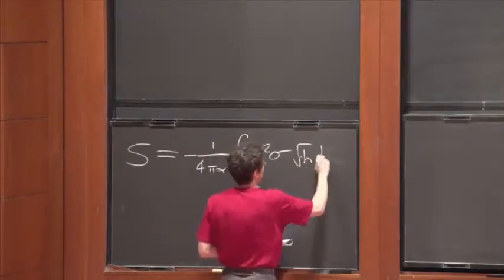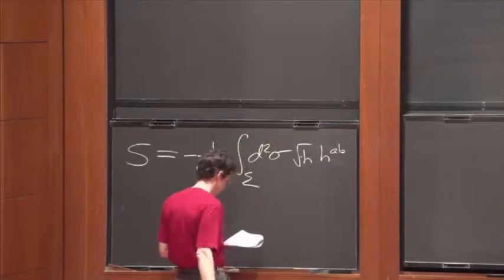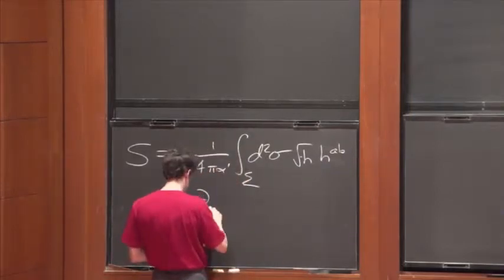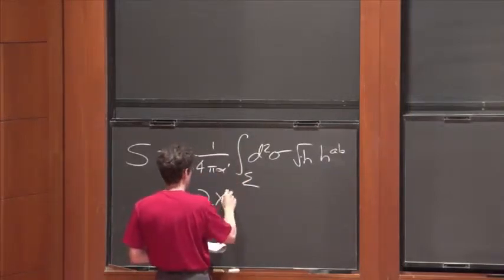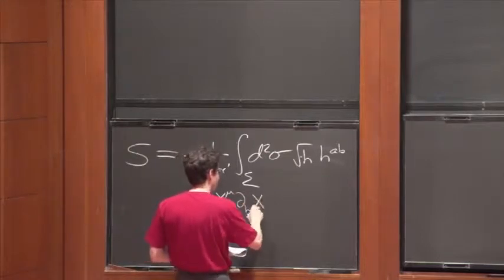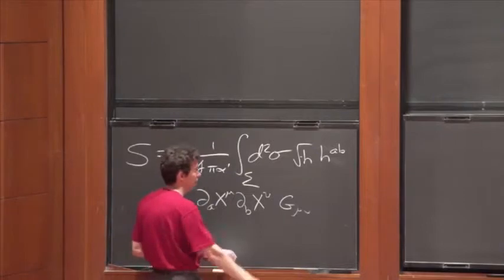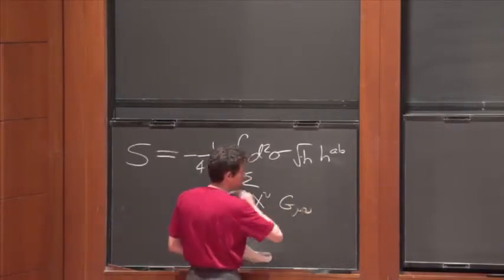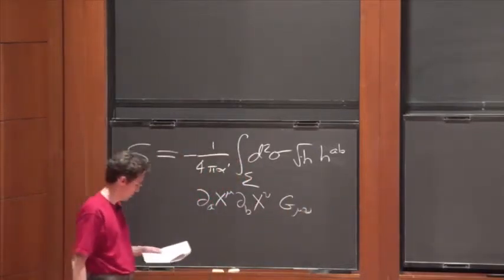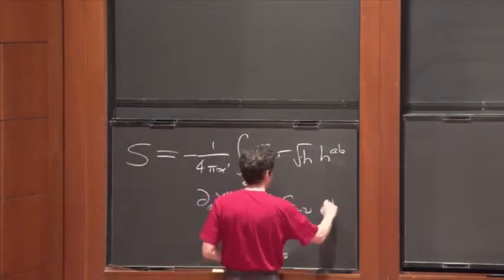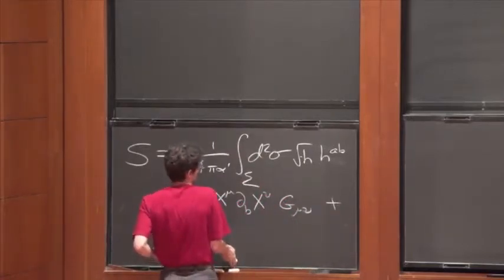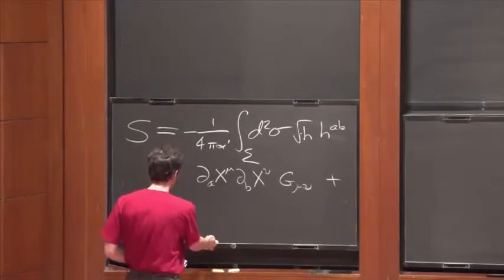So first let me write the usual bit. Only now I'm going to allow some curved space metric, g mu nu. Sigma is the string world sheet.